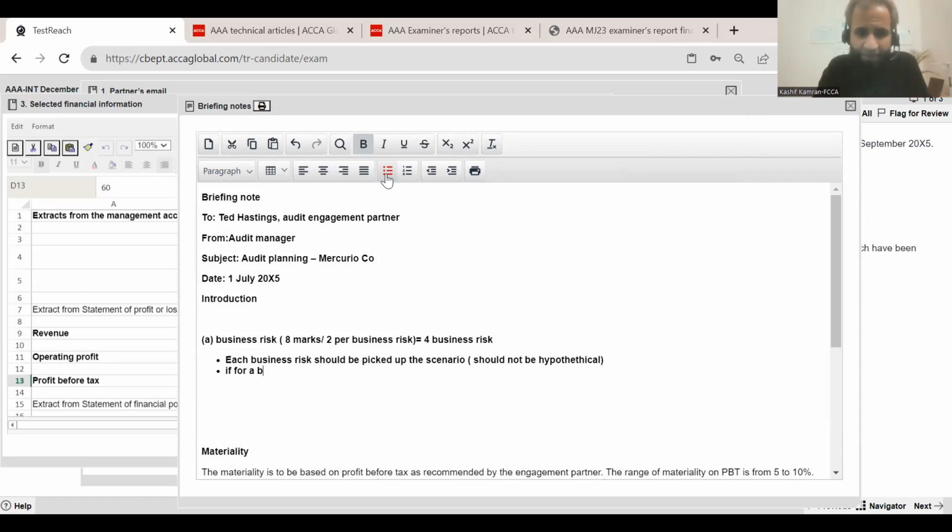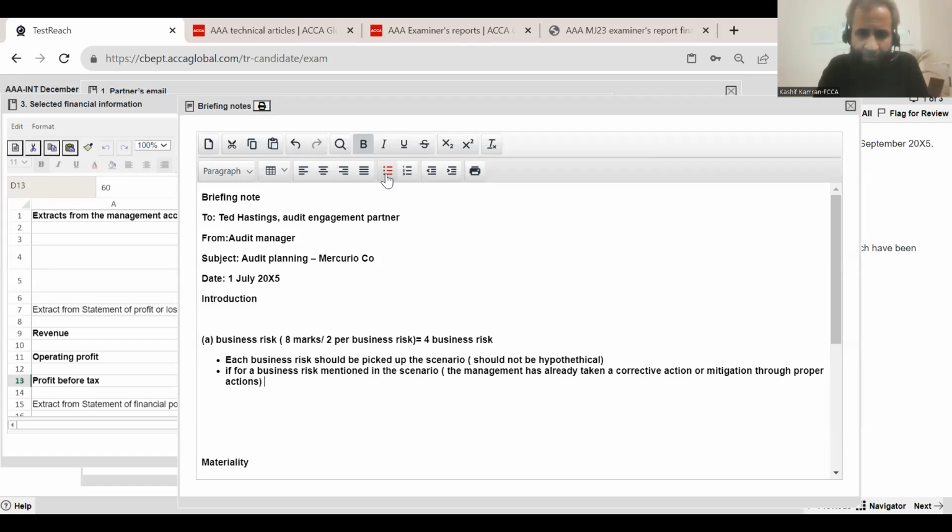If for a business risk mentioned in the scenario, the management has already taken a corrective action, or mitigated it through proper policies, through proper actions, then this will not be a significant risk.